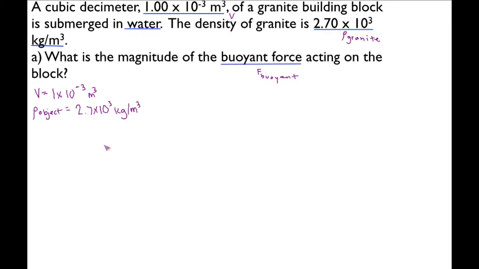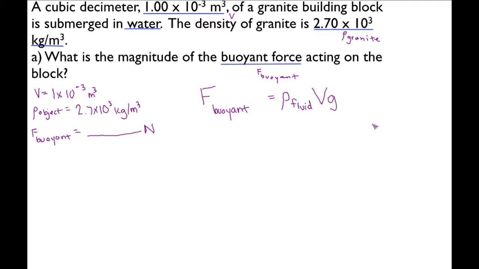I don't know my buoyant force, but I'm going to find it. Okay, now let's write our formula. Our formula says that the buoyant force is equal to the density of the fluid times the volume times G.